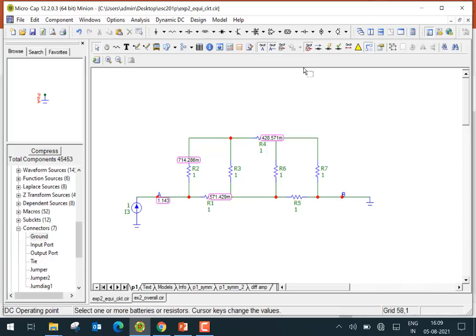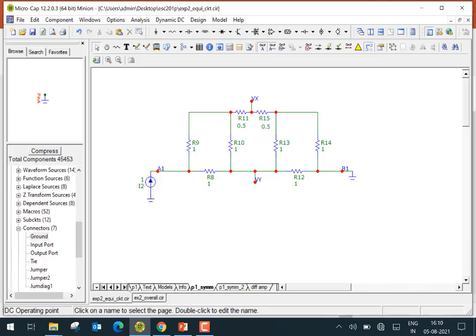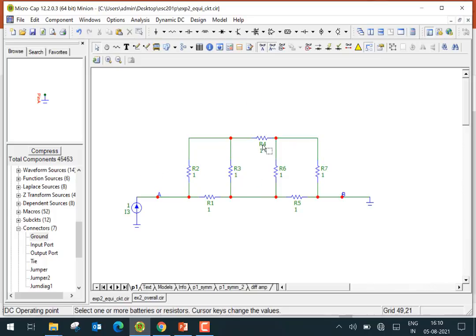Now, given a circuit like this, one can see that there's a symmetry in this particular circuit, and you may want to understand how symmetry operates. We could make the symmetry easier to see by splitting the resistor R4 into two resistors, 0.5 and 0.5.